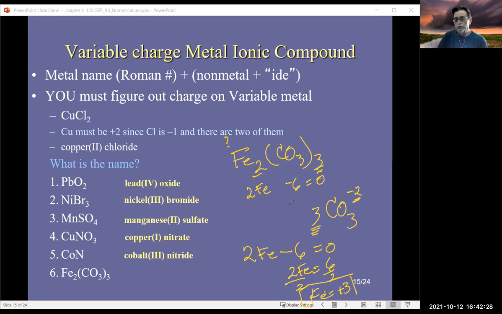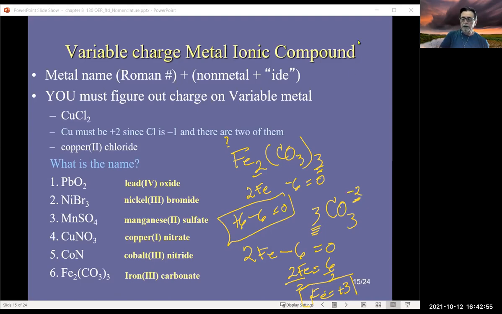So total, we have 2 iron 3s. It gives us a +6, and then we have a total -6 for the carbonates, and that, guess what, is equal to 0. So that must be correct. So therefore, our name would be iron, Roman numeral 3, carbonate.